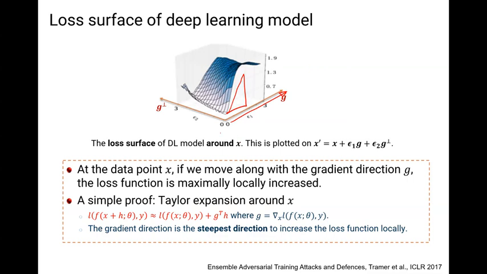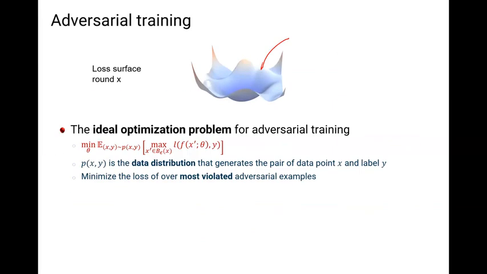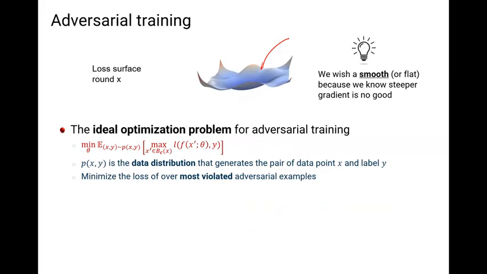So if our model can successfully reduce the average loss due to adversarial attack, what would you expect this surface will change to? Because we know the major cause of this is the large change in the loss. If we are able to train a more robust model, the loss function surrounding x will be flattened, because it doesn't create a very steep change.